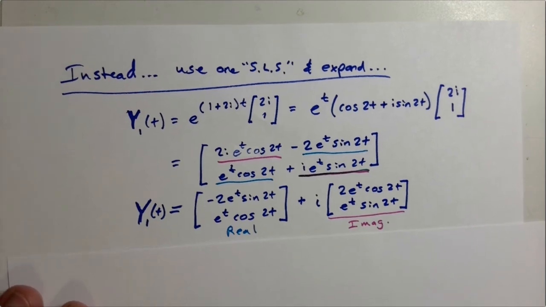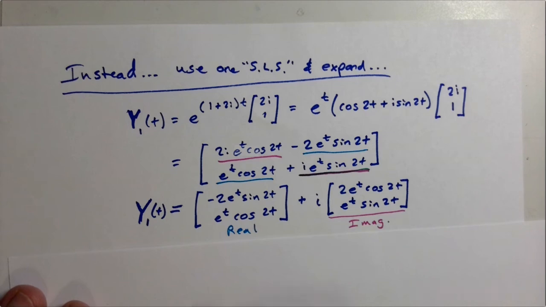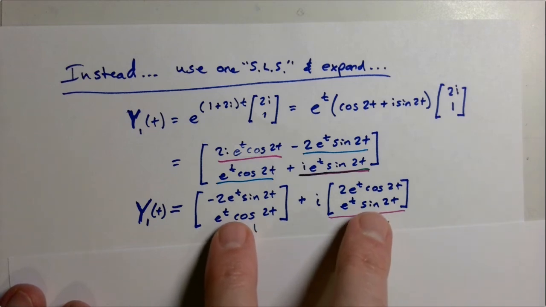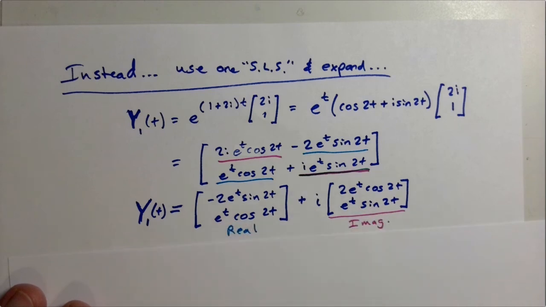And the trick that I played in the notes is to just say, hey, look, this looks like two parts of a solution that are not linear multiples of each other. And so we just throw a constant in front of both of these.